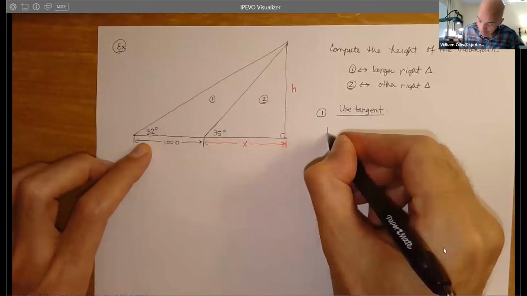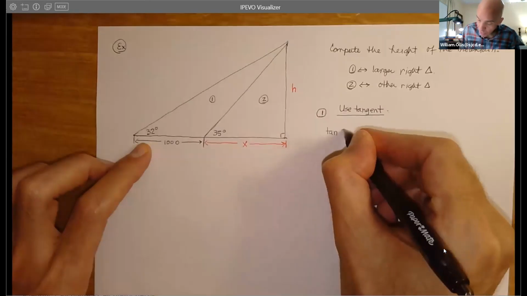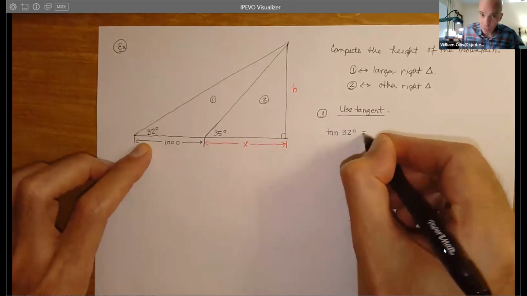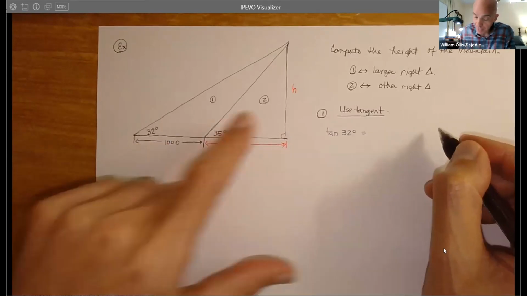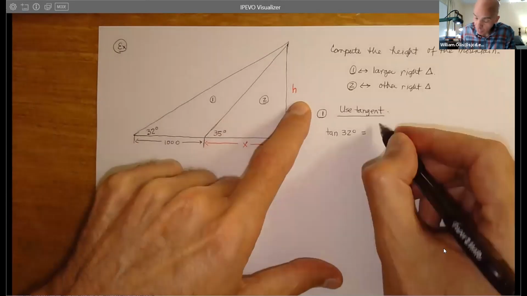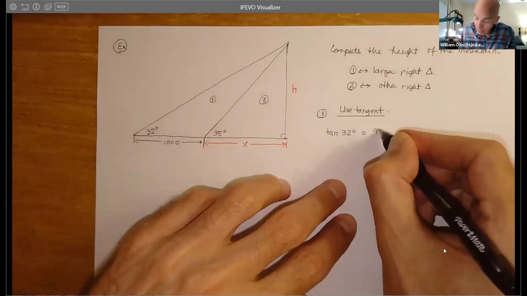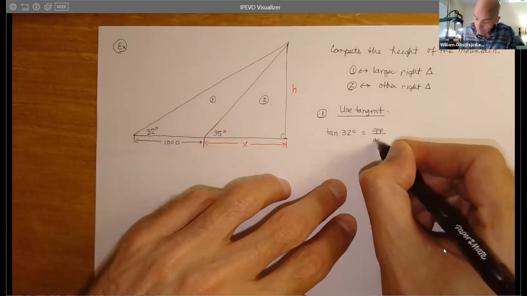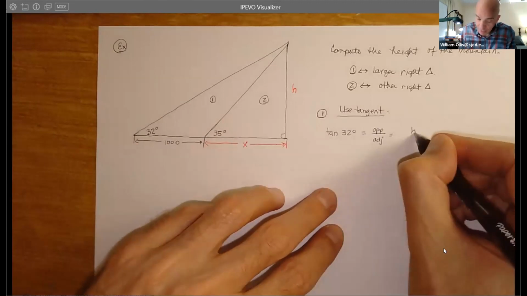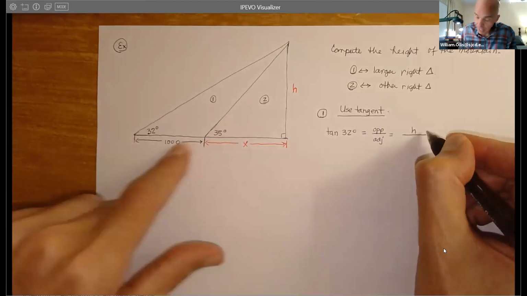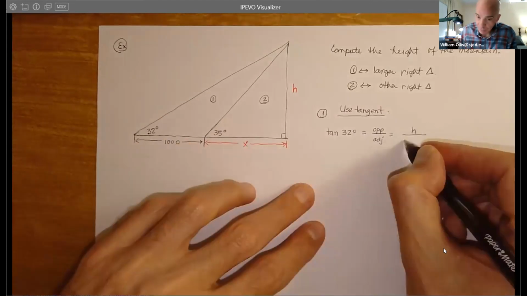So we can say tangent of 32 degrees. Again, we don't use special triangles here. Tangent of 32 degrees will be the opposite side over adjacent. I'll go ahead and write this out. So that will be h divided by 1,000 plus x, or x plus 1,000.